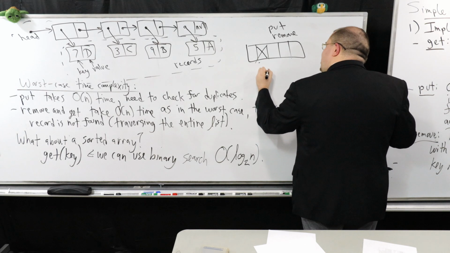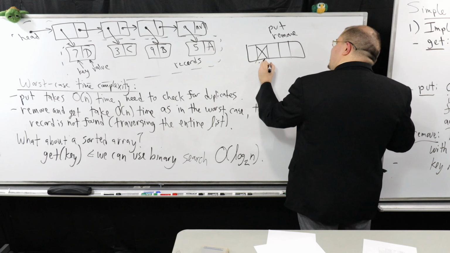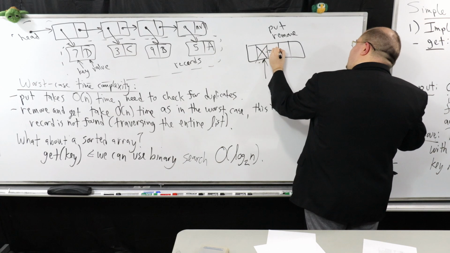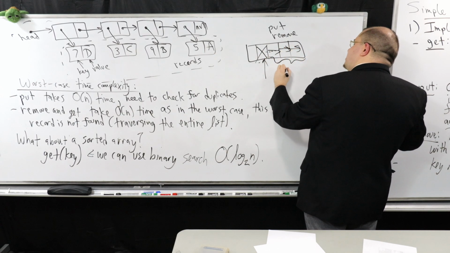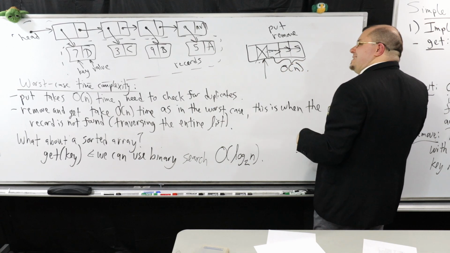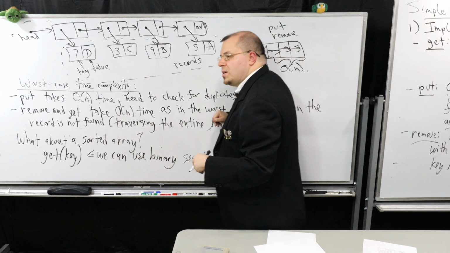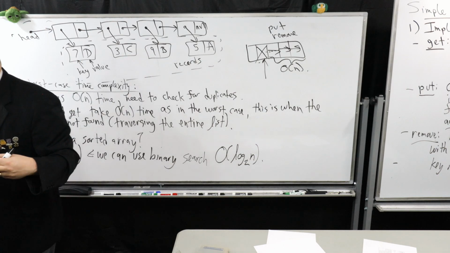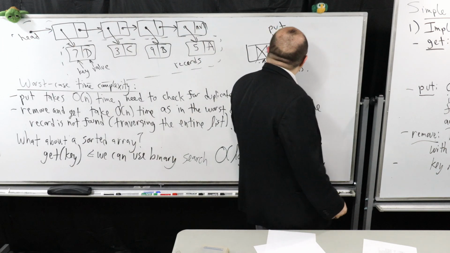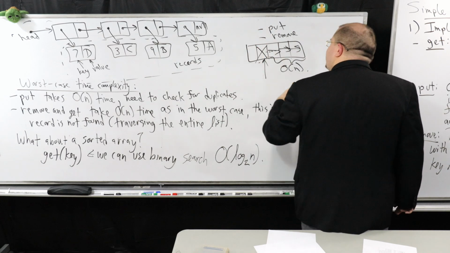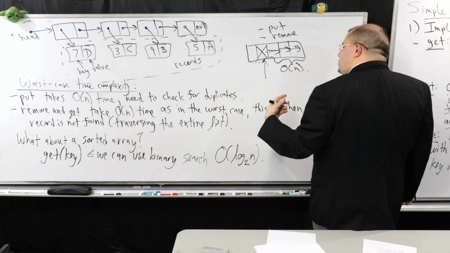Which means I'm going to have to put this new record in here. Then I'm going to have to shuffle over a whole bunch of elements this way. But how many shuffles can happen at most? Well, it could be something that's linear in n. So it's going to be big O of n in the worst case in this scenario. That's true in put and remove. The same idea applies here as well.